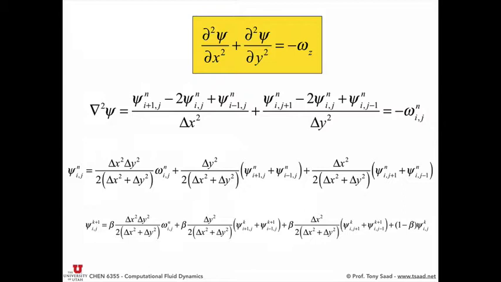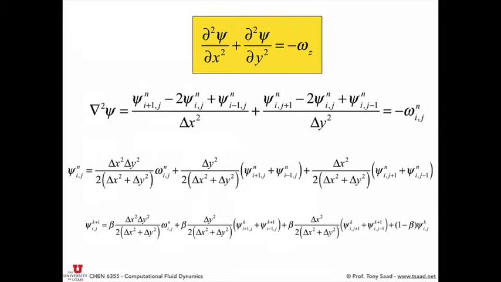So then this guy is this guy. Therefore, the Cij, I'll multiply by delta x squared, delta y squared over 2 times delta x squared plus delta y squared. So this gives me delta x squared, delta y squared over 2 delta x squared plus delta y squared. When the spacings are equal, this is a very simple formula. But we're not going to assume that. I want you to suffer. And I'm going to suffer myself as well. And then we multiply by delta x squared here.